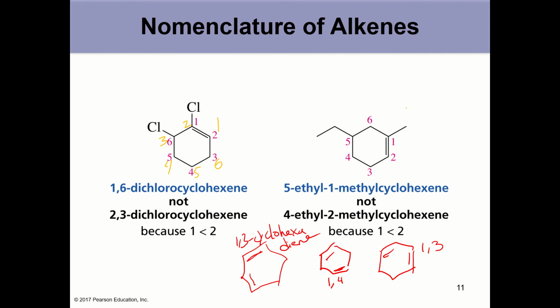If we look at the molecule at the right, again, we can number from the pi carbon that has a substituent, or from the pi carbon that does not have a substituent. But you always want to start at the pi carbon that has a substituent. So let's write that down.